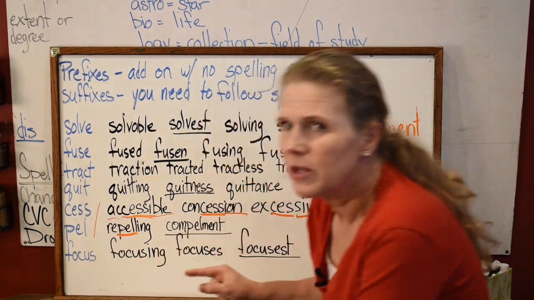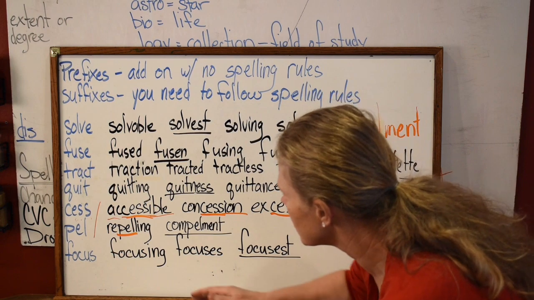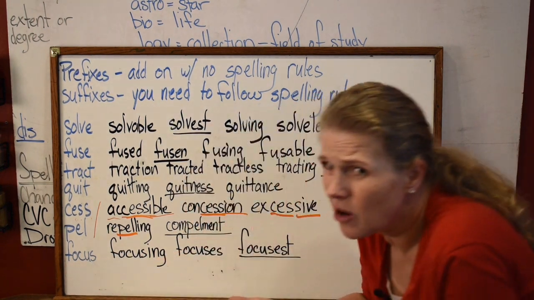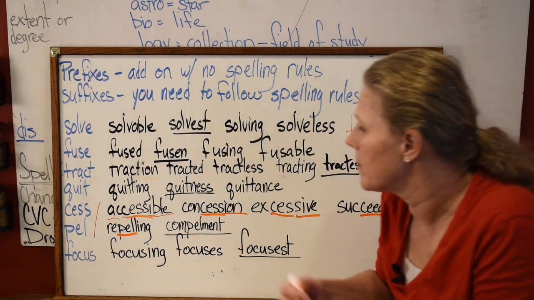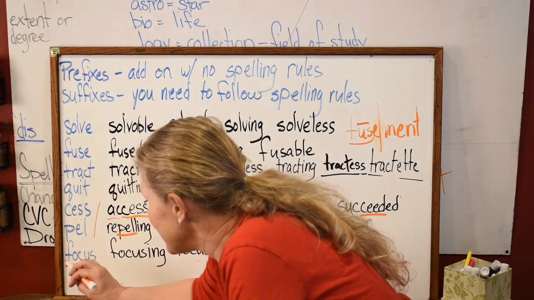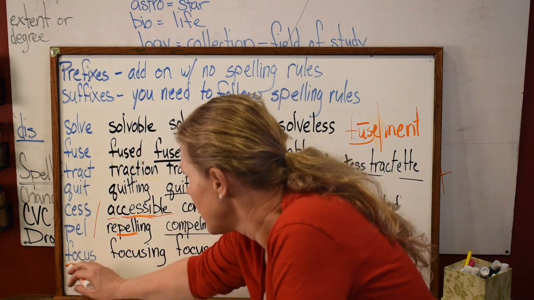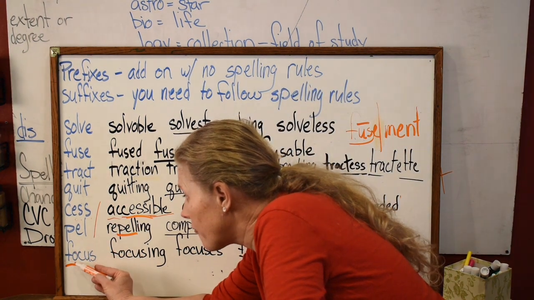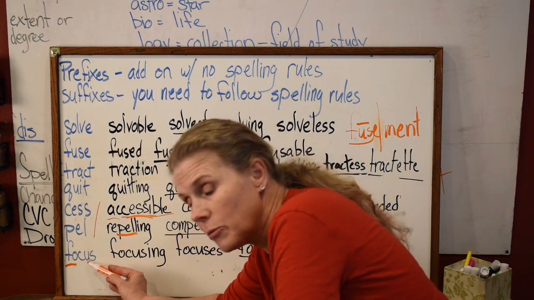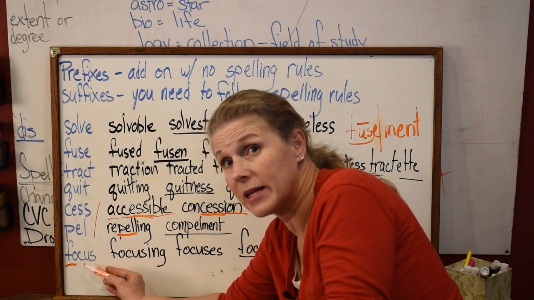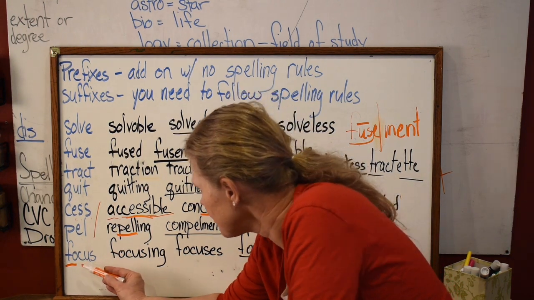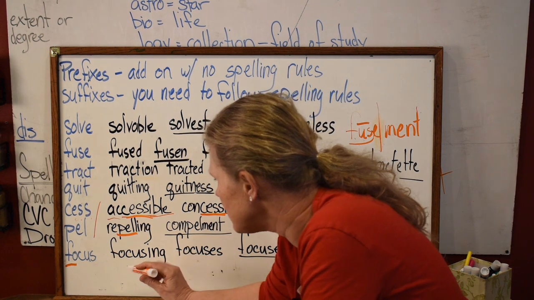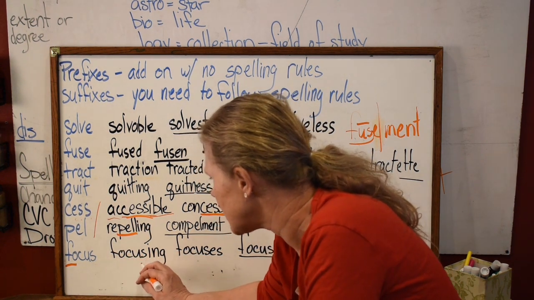But here, this is where people get confused on doubling. This is not really Latin. They don't know where it came from. Your accent is right here. And so most likely, your accent is going to be the first syllable, not the second syllable. If it's a Latin root, it's going to most likely be the second syllable. And so you have to be really careful when it is a multi-syllable word.